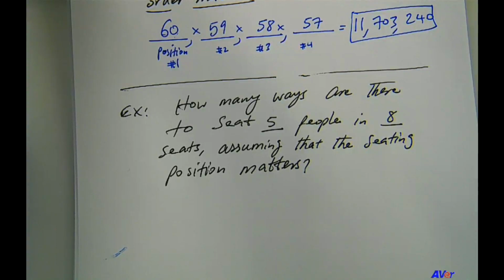Okay, so here in this problem, we don't have to guess at it. It's telling us that the position matters. So right away, we know we have to use permutation.